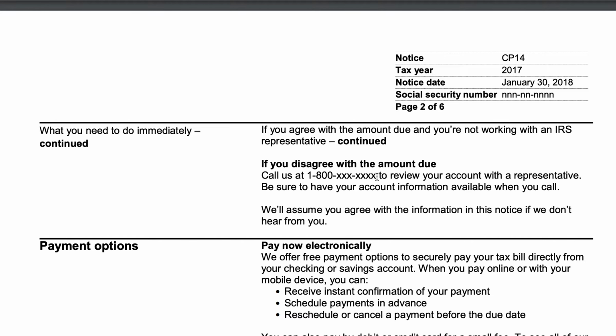If you disagree, you can call the 800 number that should be at the top of your CP14 notice. You can go over your account with your representative. So you should have your tax information. The representative will have access to your IRS account from their perspective. And again, you can talk about your taxes.